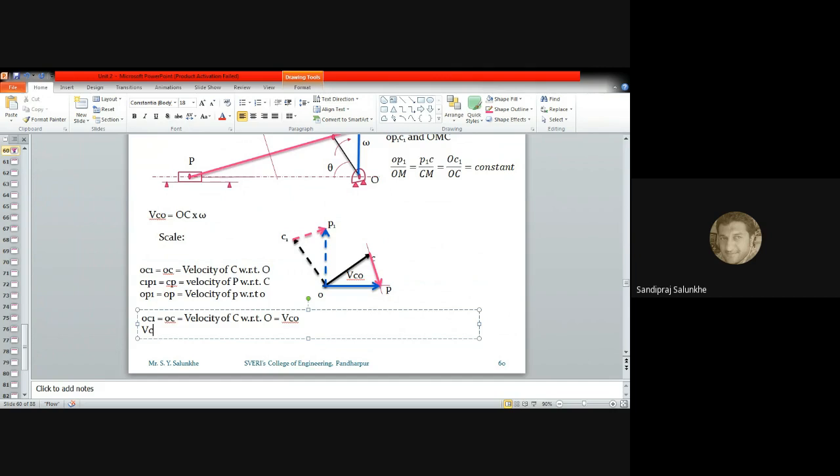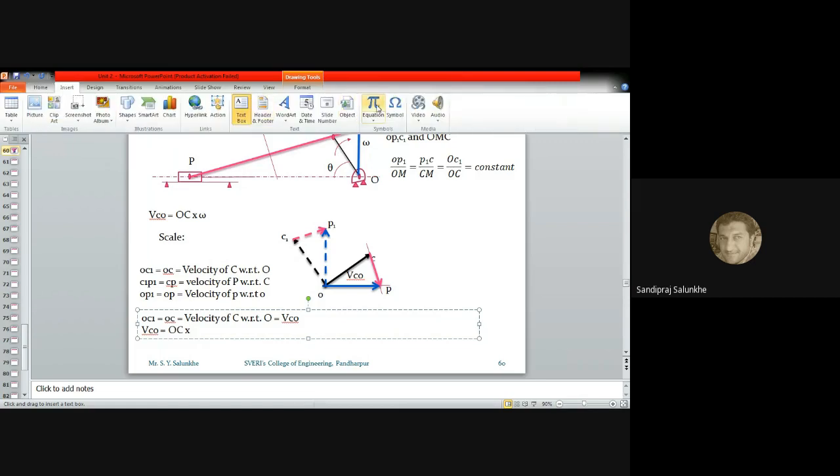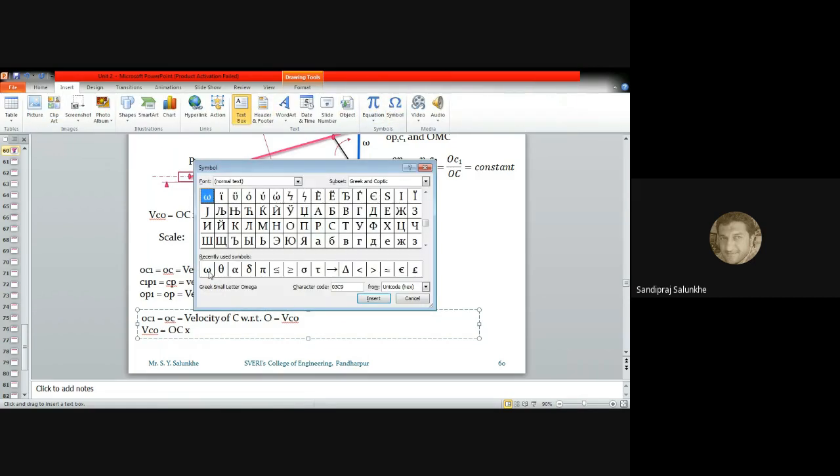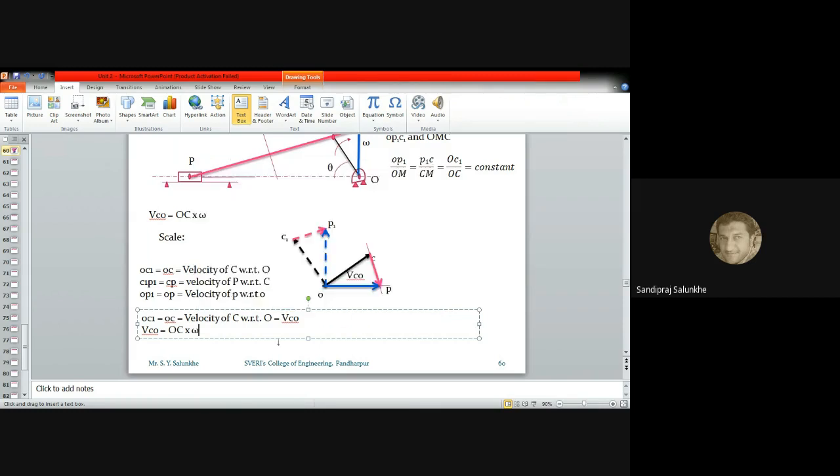Velocity of C with respect to O is equal to OC हे distance multiplied by काय घेतो आपण? Velocity, linear velocity is equal to angular velocity multiplied by distance. बरोबर आहे ना?